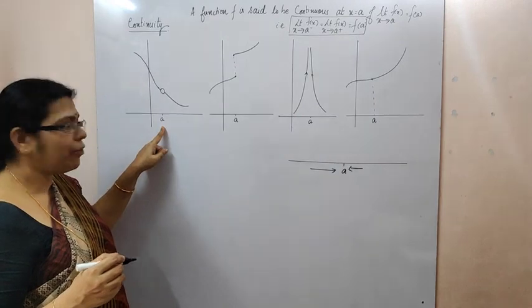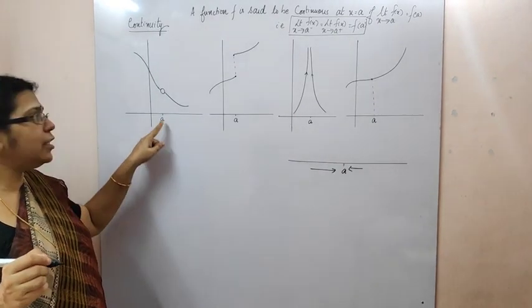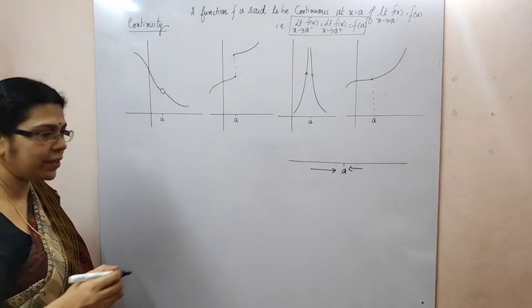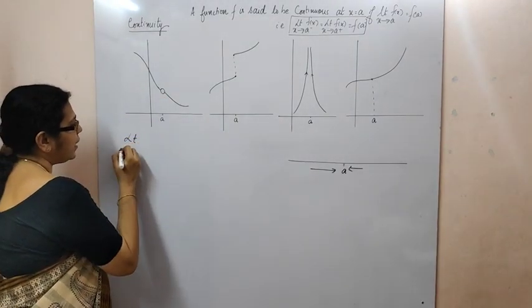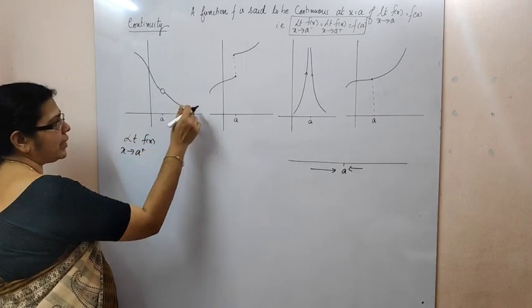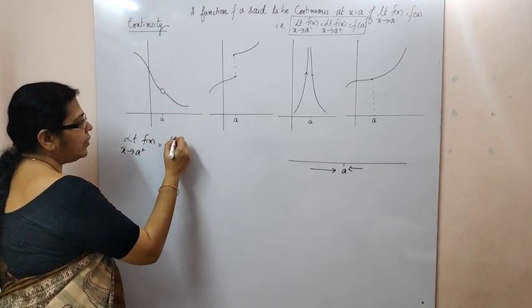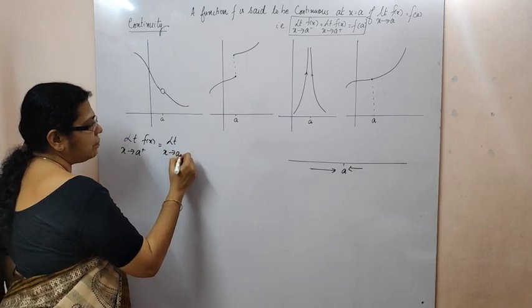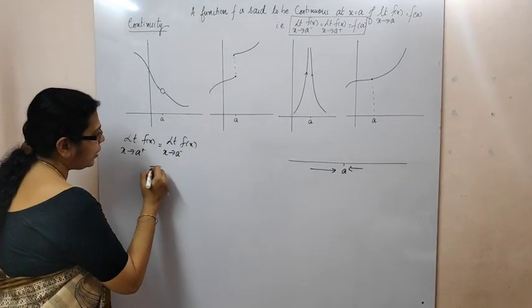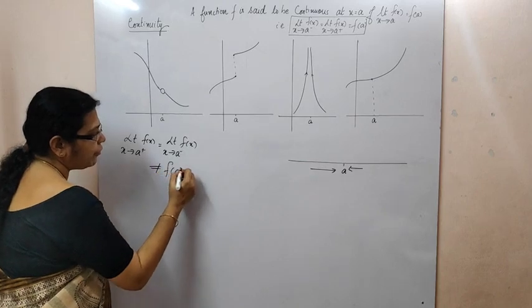In the function f of x, f of a is not equal to the limiting value from the right and the left. That is, limit x tends to a plus f of x, from the right hand side, is equal to limit x tends to a minus f of x. But it is not equal to what? F of a.